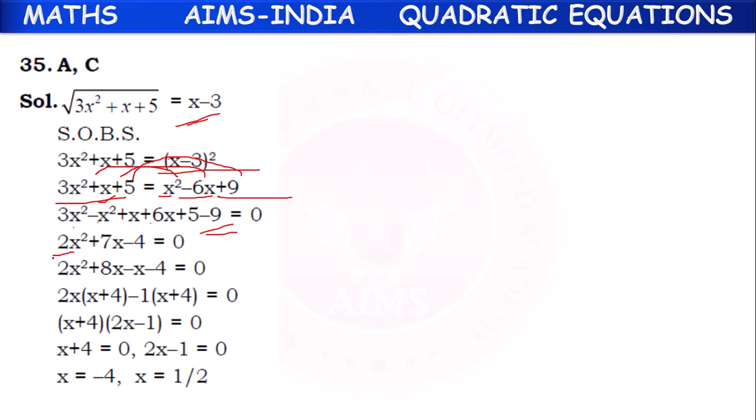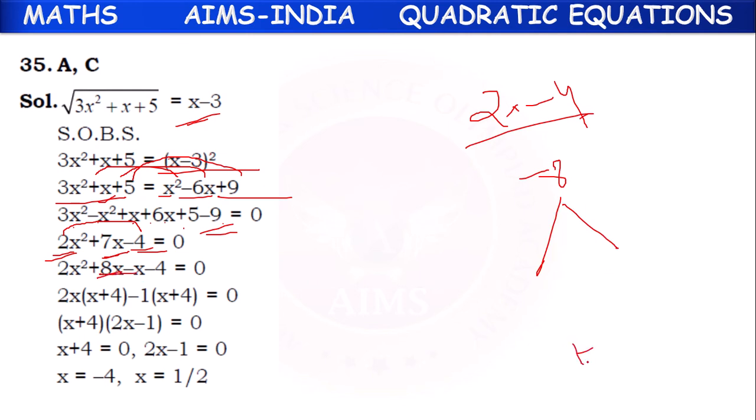3x square minus x square equal to 2x square. x plus 2x is 7x. 5 minus 9 is minus 4. First and last term product: 2 into minus 4 is minus 8, to be split into two terms whose sum is equal to plus 7.